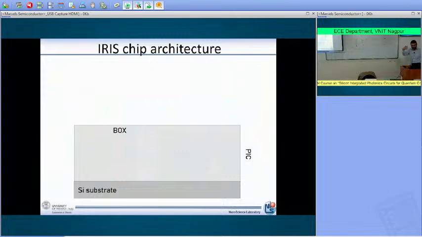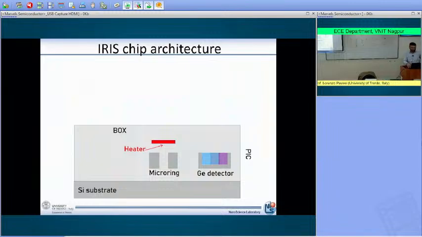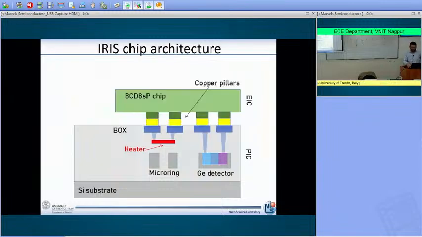So this is the architecture, the sequence of processing steps in which we fabricated the microring in the photonic integrated circuit, then the germanium photodetector, then the heater on top of the microrings. Then we open the vias in order to insert the metal lines to contact the heater or to contact the P and N side of the germanium detector.